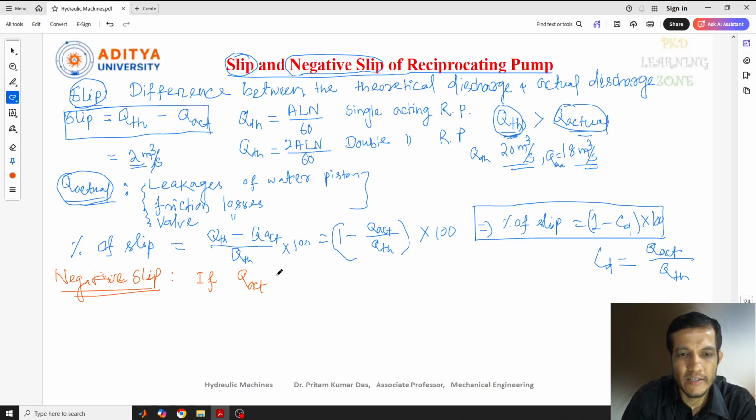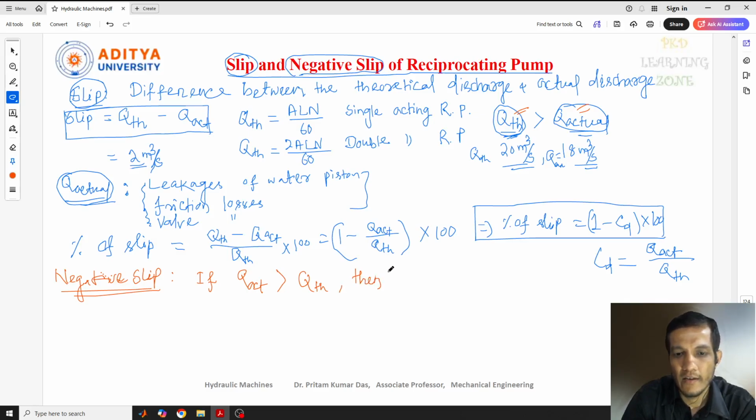If the actual discharge is greater than the theoretical discharge, then the slip of the pump becomes negative. Earlier I told you that when the theoretical discharge is greater than the actual discharge, there is slip.